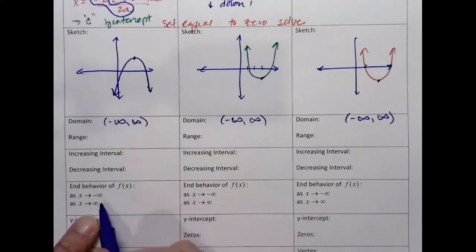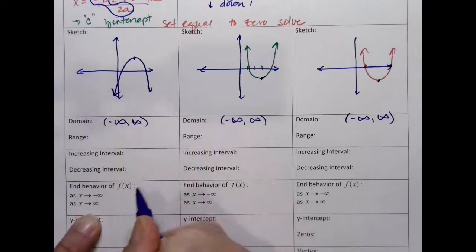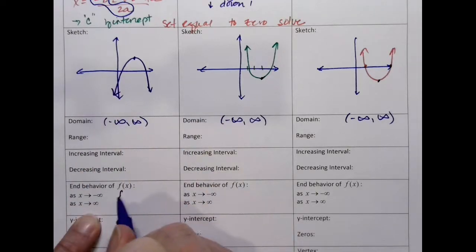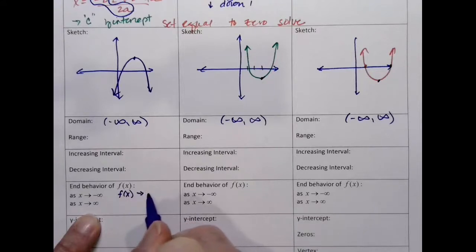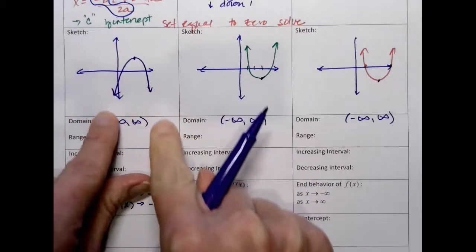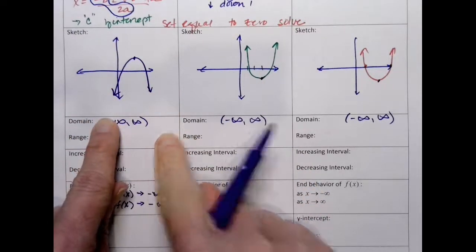As x approaches negative infinity and positive infinity in this graph, my end behavior is going to become further negative, because it's a decreasing, it's a negative graph.